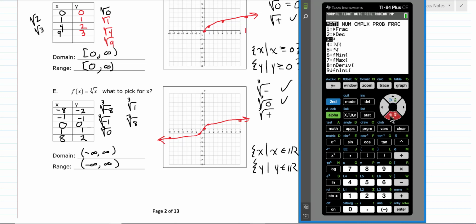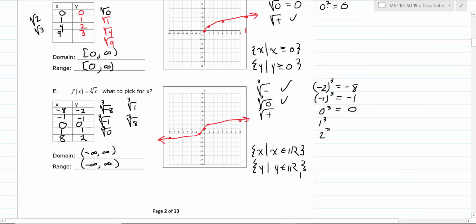So that's worth knowing. If you wanted to do the cube root of -8, you do that. Again, one more time, math, option 4, then you can put the cube root of any number in. Now, if you do something like cube root of -3, you get a bunch of decimals. So that's where you do that.